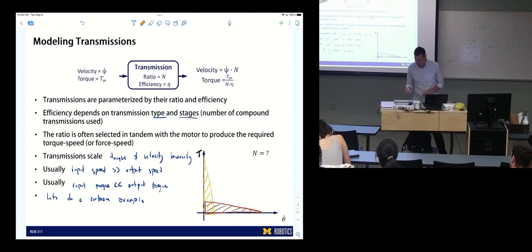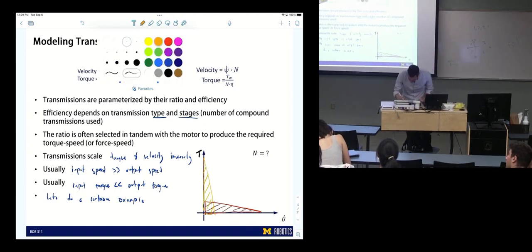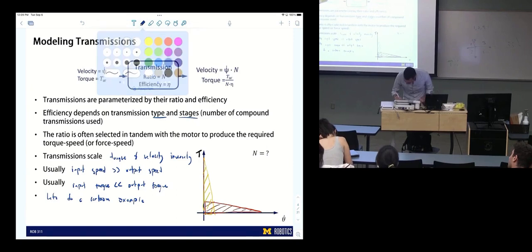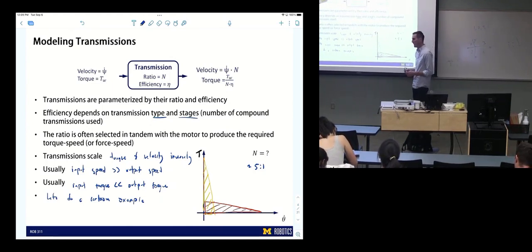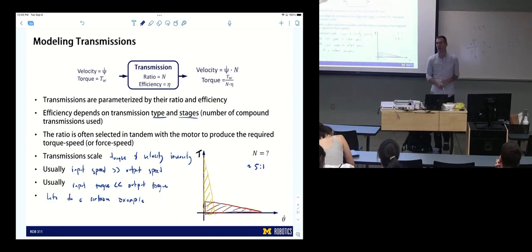How'd you know that? Just looking at the distance in the x-axis or the y-axis, like comparing the theta dot range? Comparing the two theta dot ranges or the two torque ranges? Yeah, so you basically said, okay, this is maybe 1/5 of that, and this is maybe 1/5 of this. So that gives us a transmission ratio of about 5 to 1. Everybody good on that?